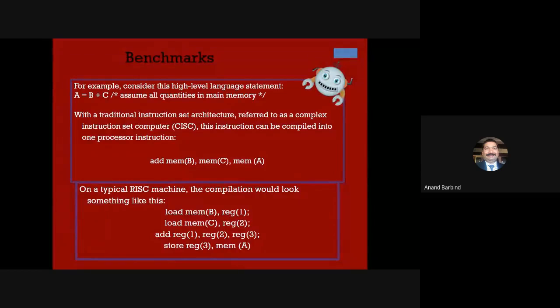Because you will choose some program which executes fast on your computer, and you will claim, see, this is my computer and it is executing this many instructions on my computer.